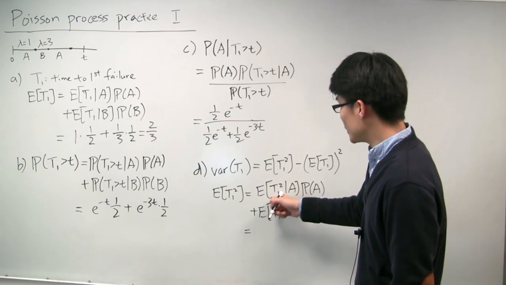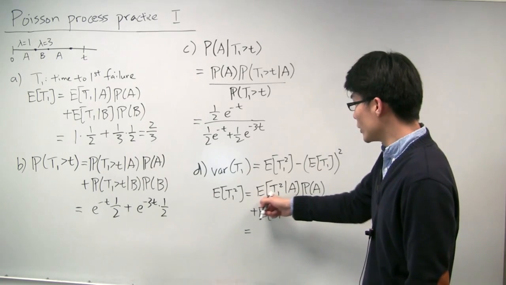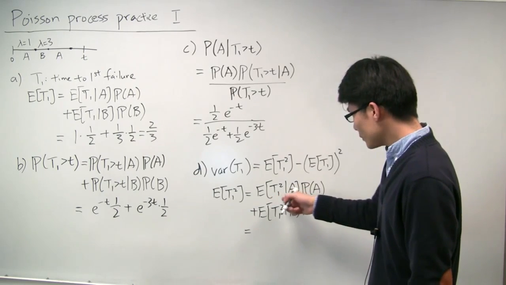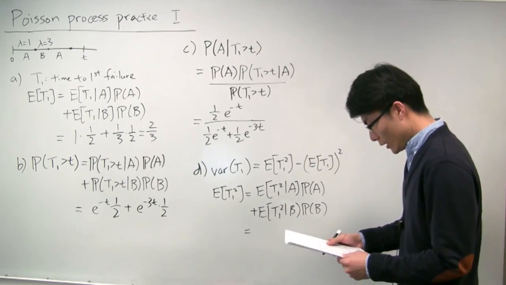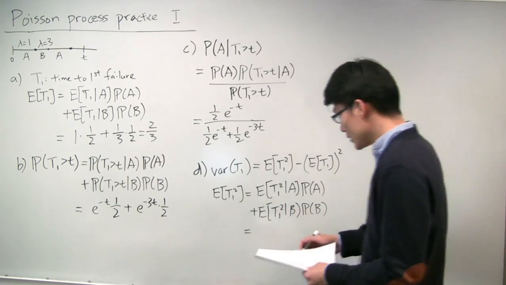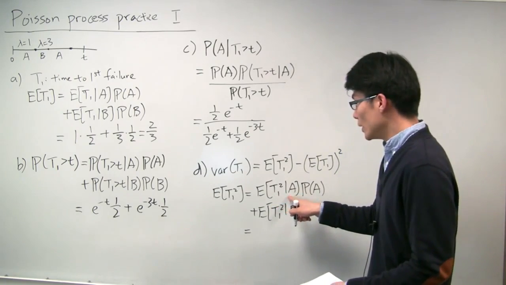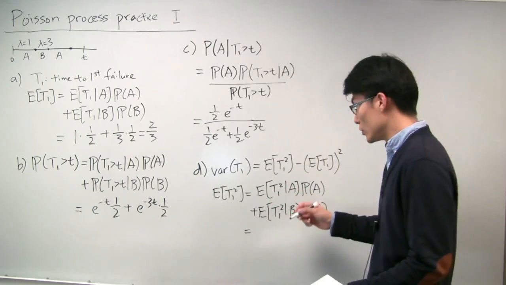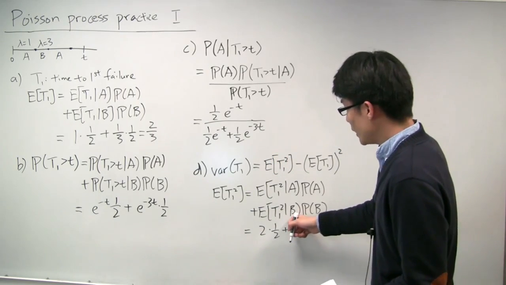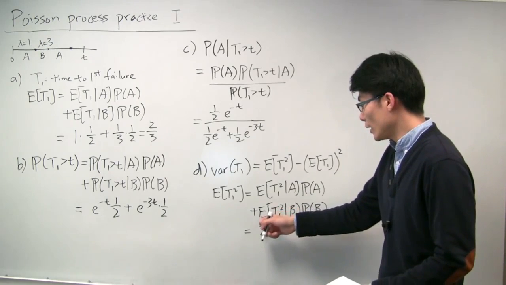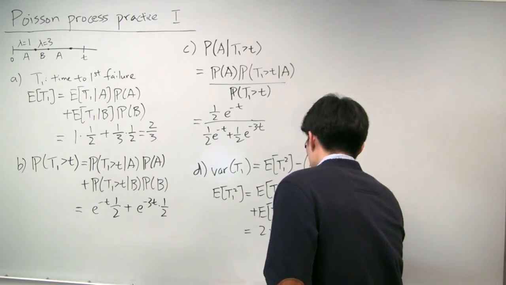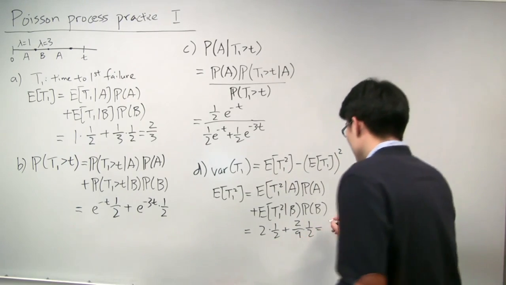And we know that the expectation of the square of an exponential random variable is 2 over lambda squared. For type A bulbs, lambda is 1, so that's 2, and this is 2 times 1/2 for the first case. For type B bulbs, lambda is 3, so this expectation is 2 over 3 squared, or 2/9, times 1/2. And so we get 1 plus 1/9, which is 10/9.